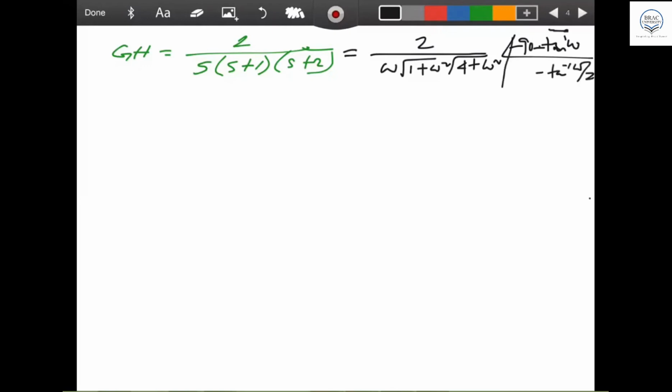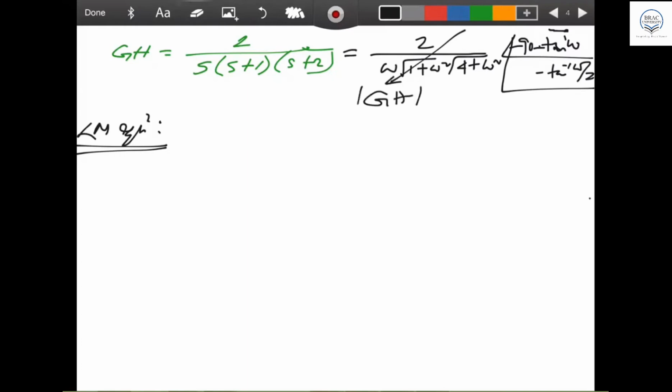This is the phase angle we found last time. Now the log magnitude equation, if you want to write it, will come from the value here, which is the GH magnitude.